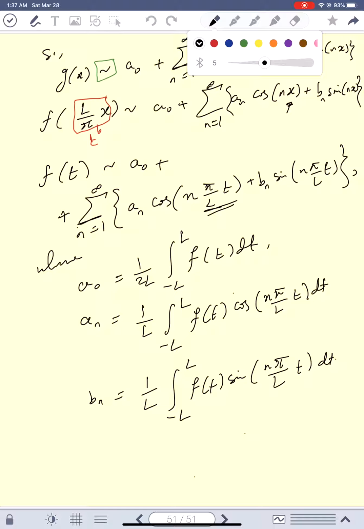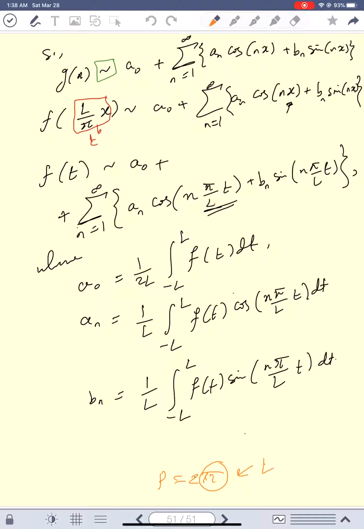We need to notice that when the period is 2 pi, that means L is pi. So if you substitute L as pi here, the pi gets cancelled and you get back to the original form. The same here: if you substitute L as pi, you get back to the original form. Okay, so these observations, I think, are very clear.